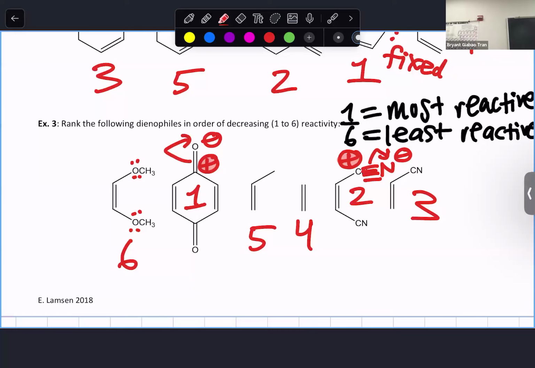We're talking about the reaction rate, or think of it as the withdrawing ability, right? The power of this EWG to pull electrons from that dienophile right there will become stronger if this is a bigger positive charge. So we want more positive charge, more withdrawing power, right? So we don't think about stability here. Or you could think about a stability where we want this to be less stable. We want this to be more positive charge. Right? Yeah.